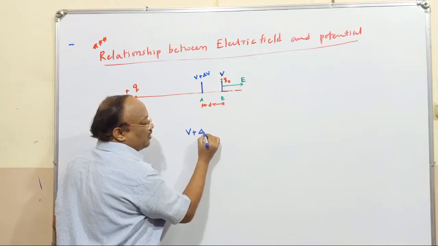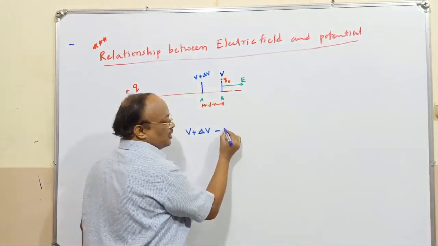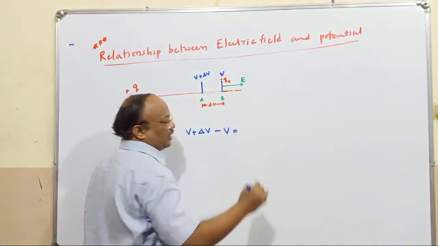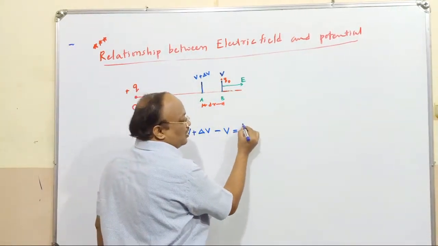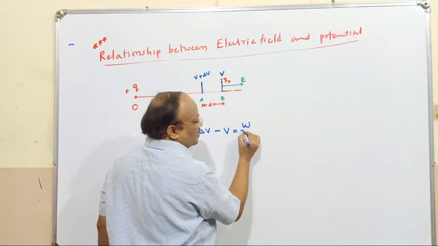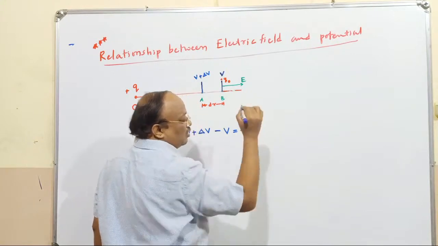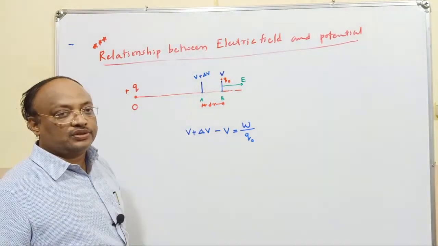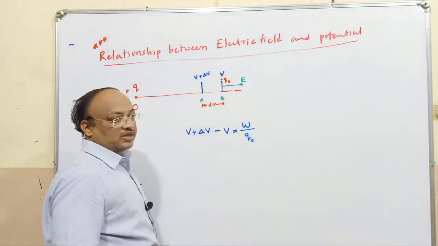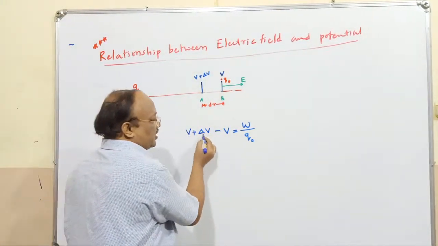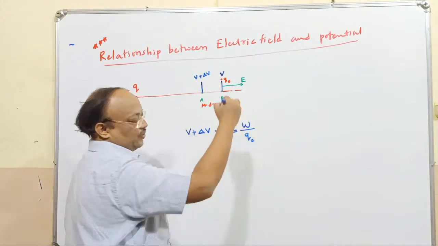V plus delta V minus V. From the definition of potential difference, the amount of work done per test charge, V plus delta V minus V is equal to W by Q naught.